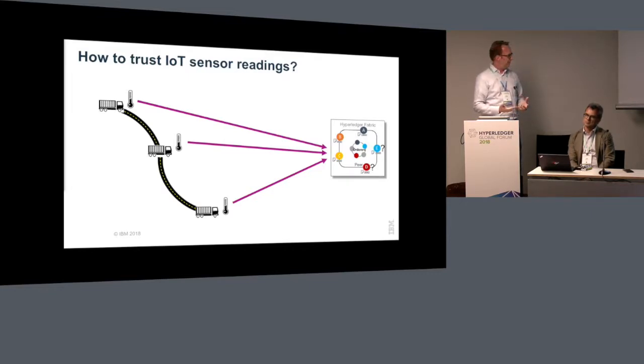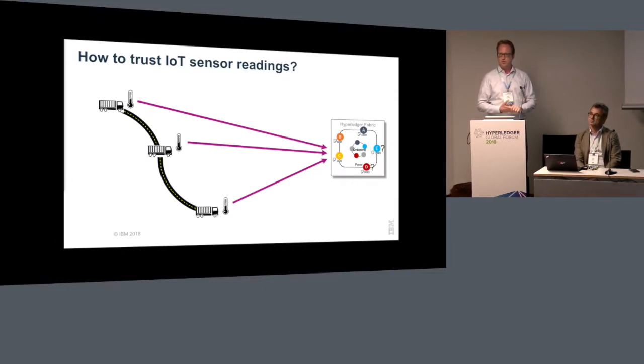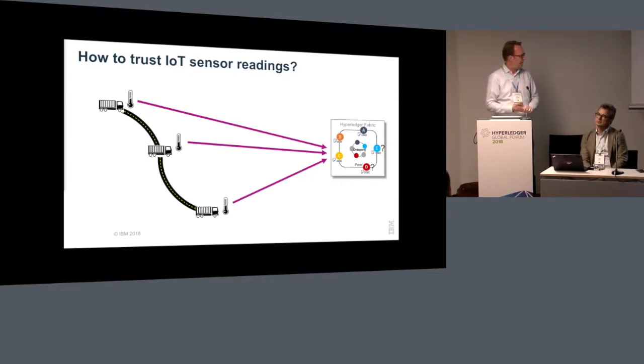Now, typically, a temperature sensor is a very simple thing. You don't need a full computer to support that, but something like an Arduino. So you would like to have something on that temperature sensor that identifies it towards the blockchain, and that ideally enables the device to sign its own transactions.